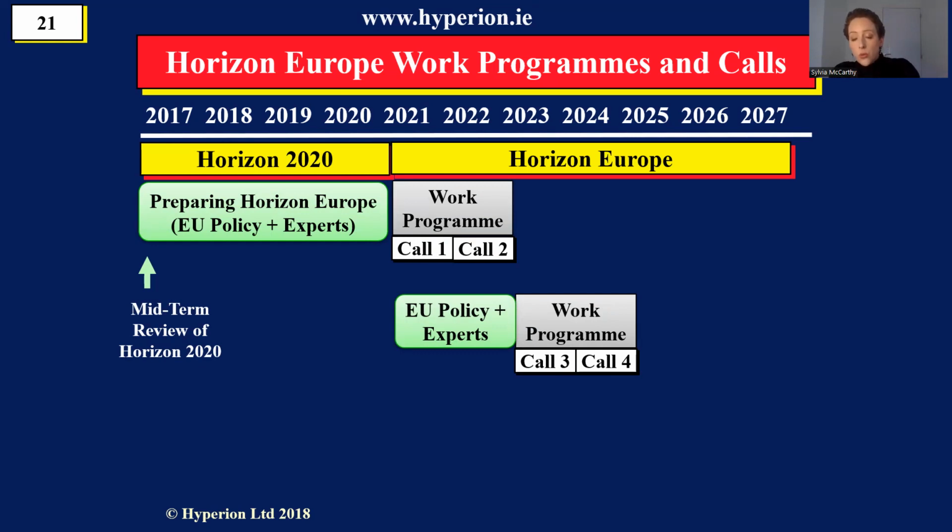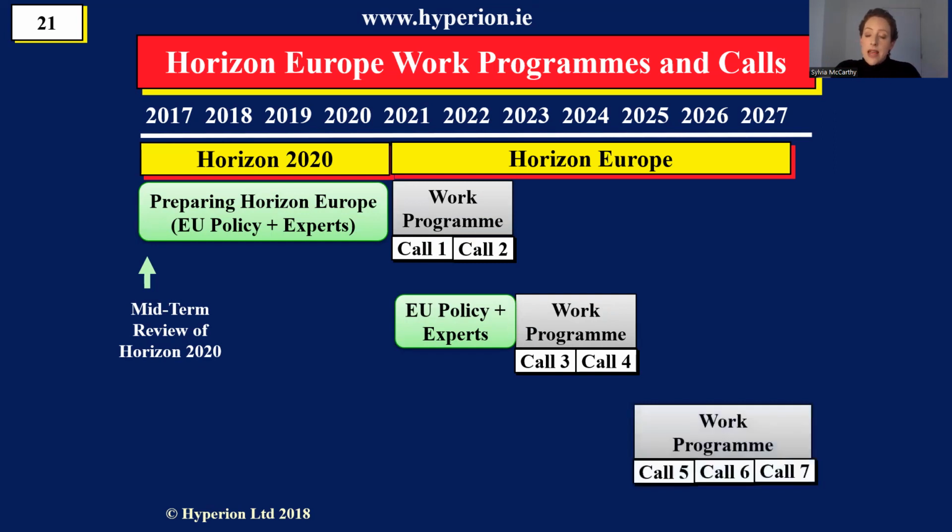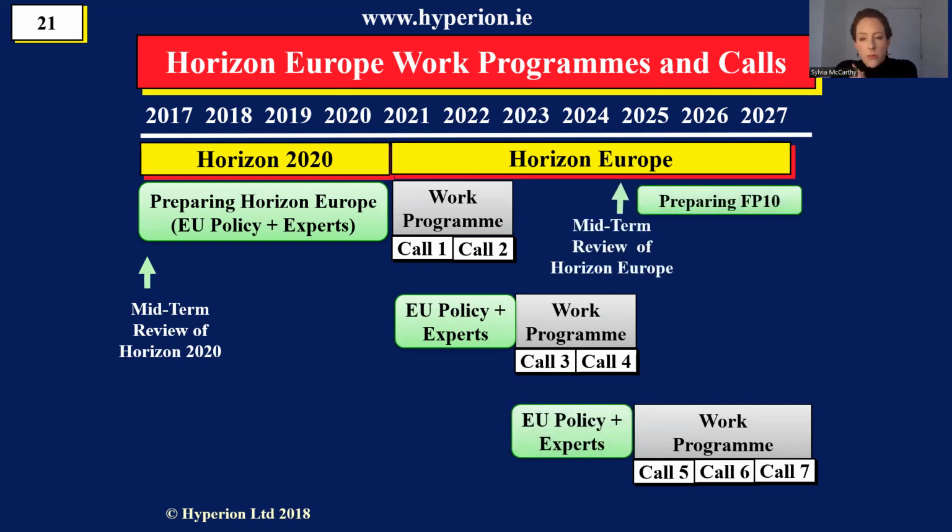And while you're working on deadlines for Call 3 and Call 4, the policymakers and the experts are focusing on the work program for Call 5, 6, and 7, the last work program of Horizon Europe. They're also looking towards Framework 10, the midterm review of Horizon Europe.